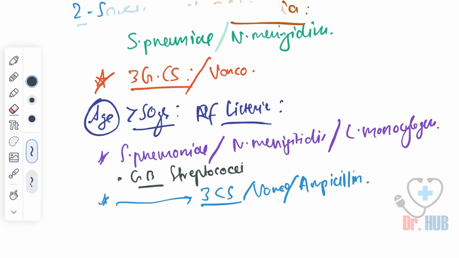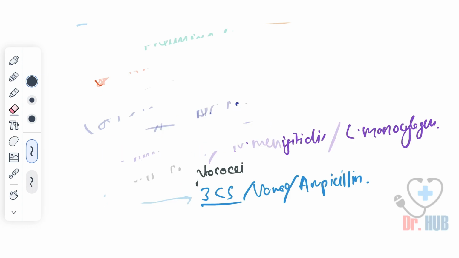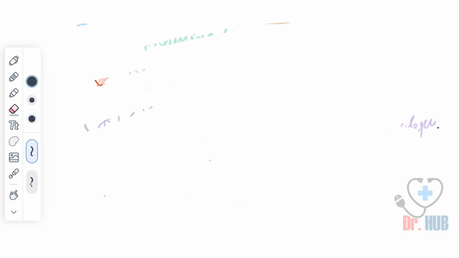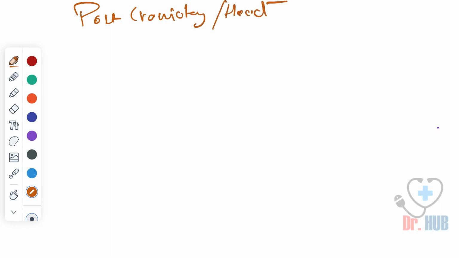Then we move ahead and look at another condition. Here we are going to discuss post craniotomy, or in case of head trauma and CSF rhinorrhea. In such cases, what are the organisms?